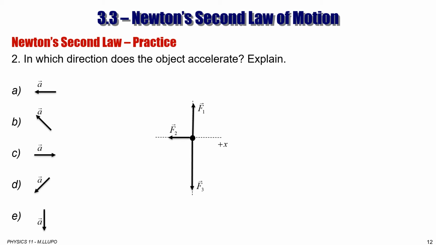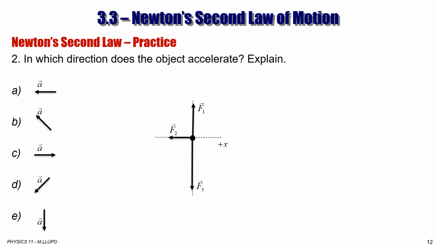Here is a practice problem that involves the direction of the acceleration. In which direction does the object accelerate? Explain. Let me explain by saying why the other options are not true.